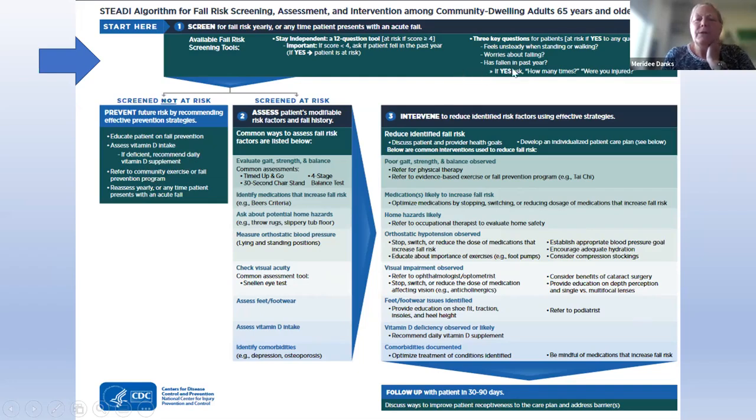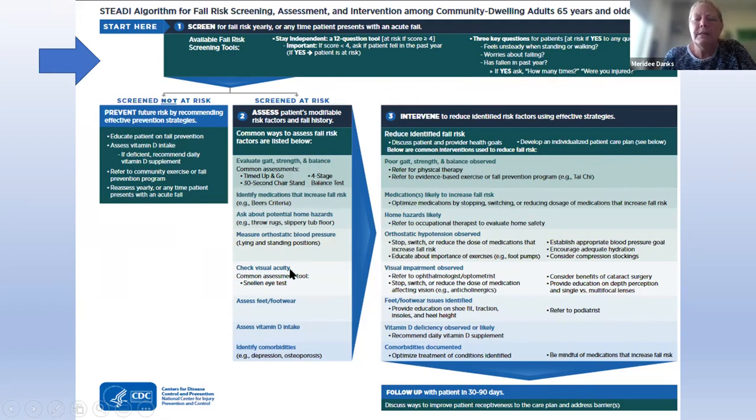If they answered yes to the questions about whether they have fallen or are fearful of falling, then we can go further to an assessment. We'll talk about those in the following slides, but I thought the CDC did a nice job showing you what direction to go.